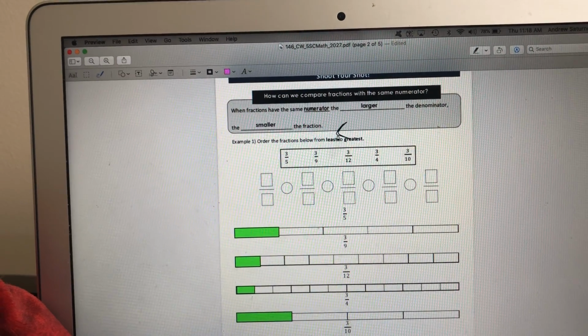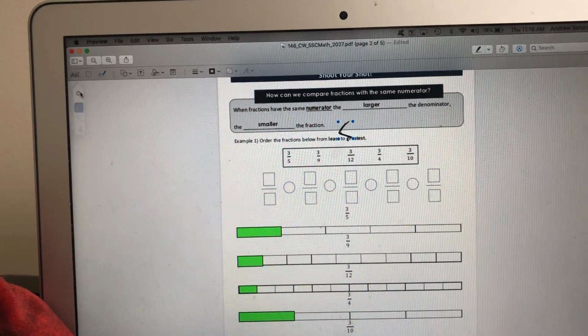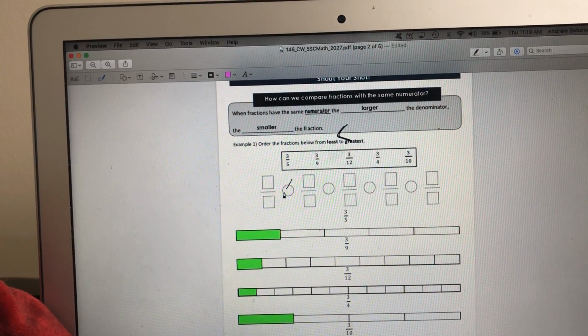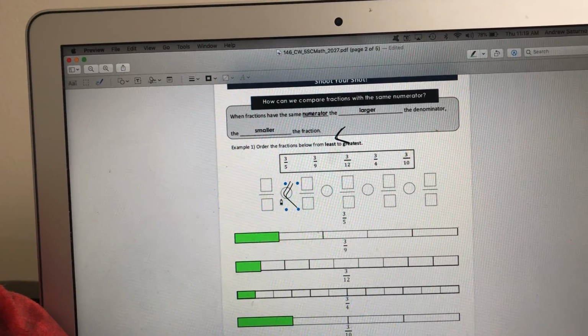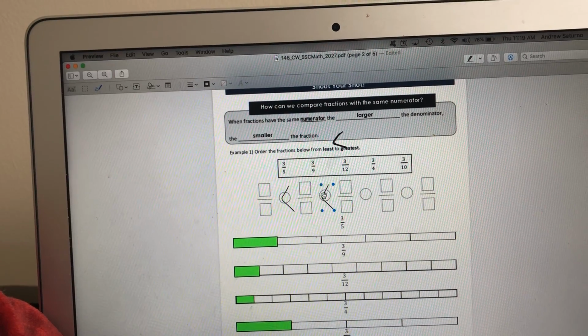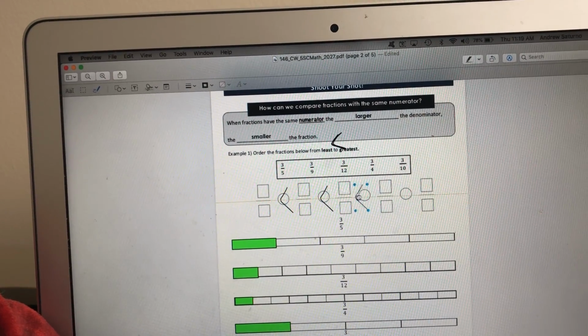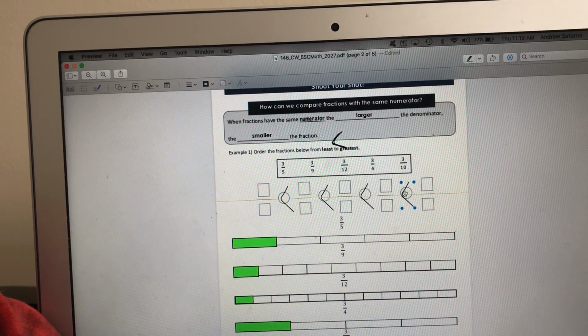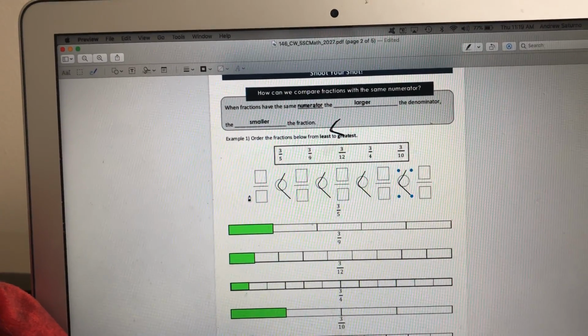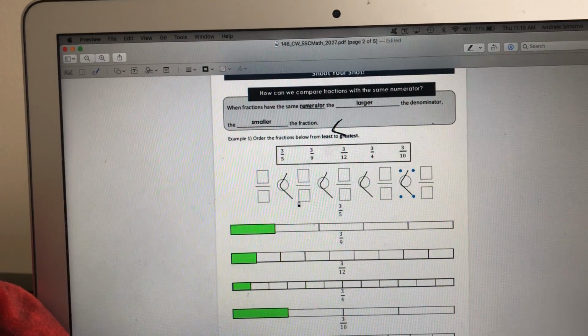I'm going to first line up my inequality symbols and make sure that I have every inequality symbol of the gator eating the greater. Bam. Bam. Bam. And bam. So when I read this, it'll be blank blank is less than, blank blank is less than.